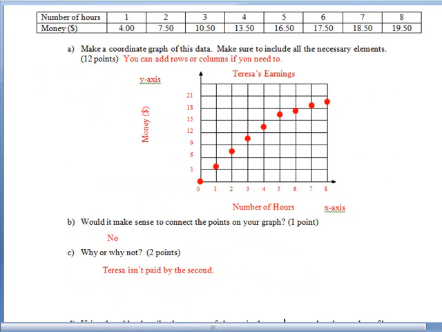We can also say it increases at a slower rate as the hours go by. From 0 to 1 it went up 4, then 350, then 3, then 3, then 3, then 1, then 1, then 1. So we can say it increases at a slower rate as the hours go by.